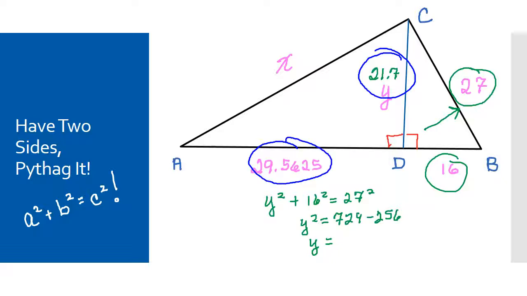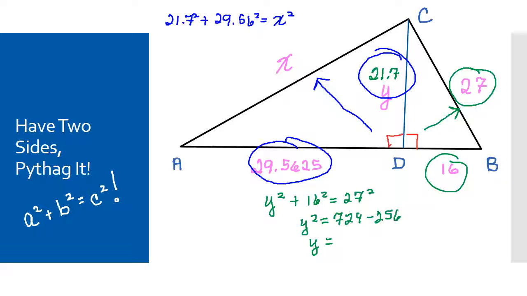And this time we're looking for a hypotenuse because the x is across from the right angle. So we're going to take the 21.7 and square it, plus the 29.56 and square it, and it of course is going to equal our hypotenuse here.